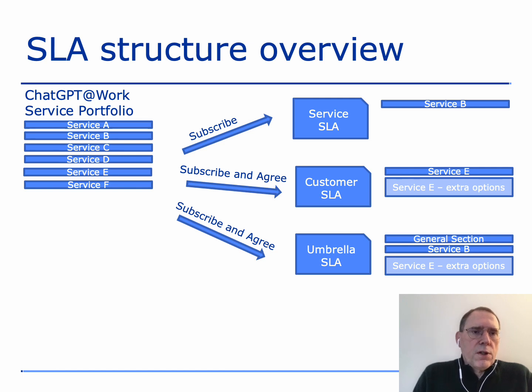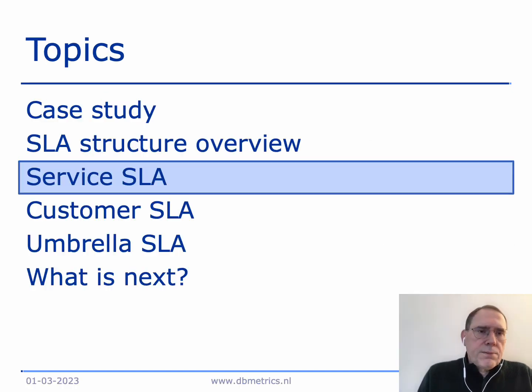You have SLAs for a customer, and that is typically when you have unique agreements for the customer, and you compose one SLA per customer. And you have an umbrella SLA, and in the umbrella SLA you make general agreements for all customers, and then using that umbrella SLA you can add service SLAs and customer SLAs. So that is the most flexible SLA that you can offer to a customer.